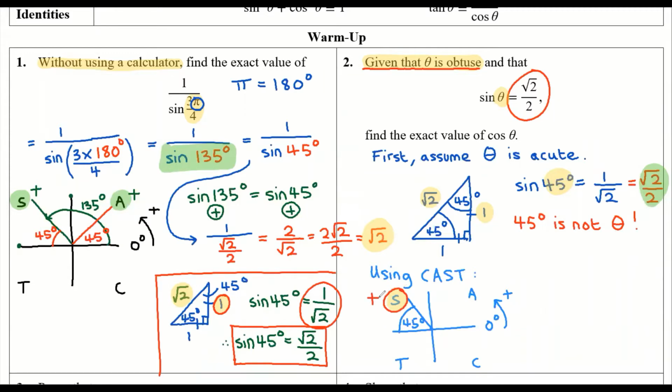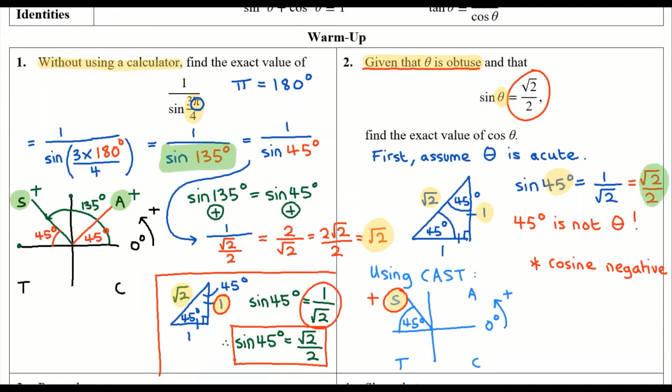Cosine is not positive in that quadrant. So we know that the cosine value is going to be negative, first of all. So this is important. So we know that the cosine is negative.